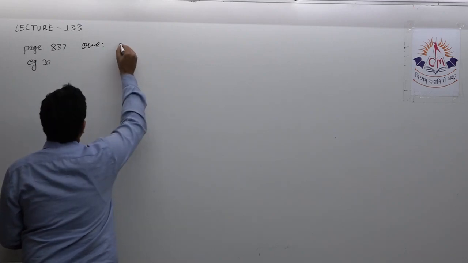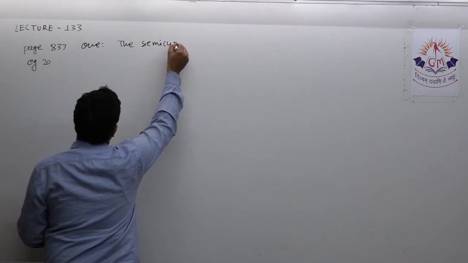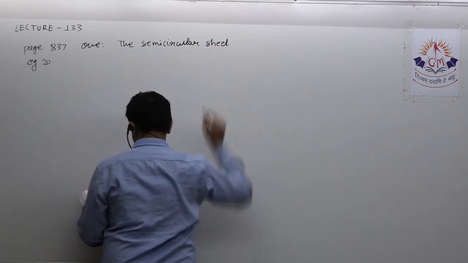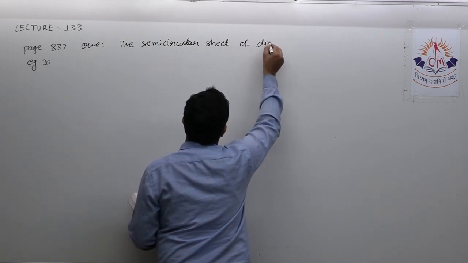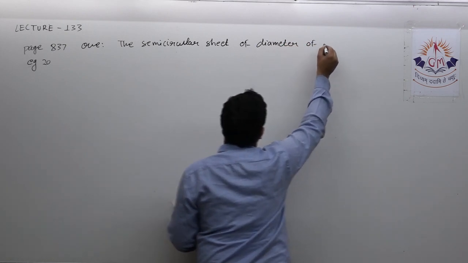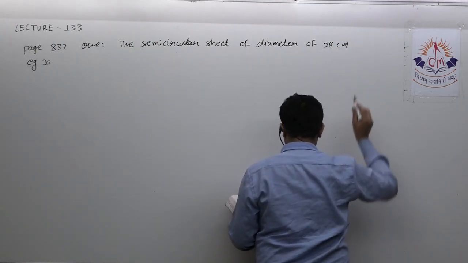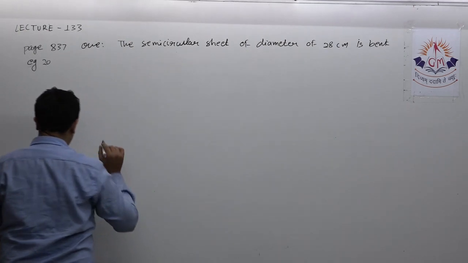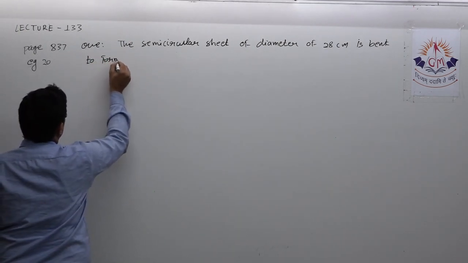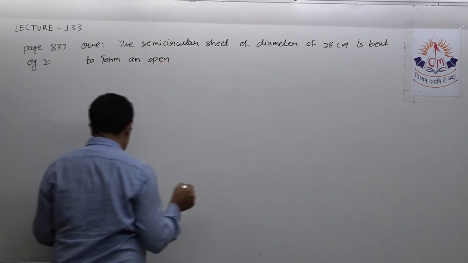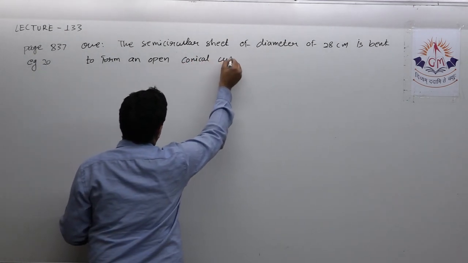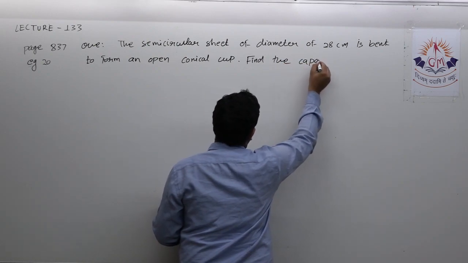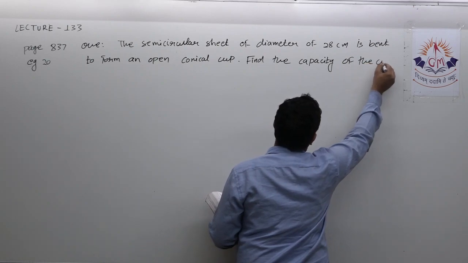The semicircular sheet of diameter 28 centimeter is bent to form an open conical cup. Find the capacity of the cup.